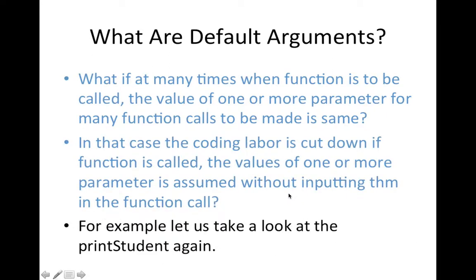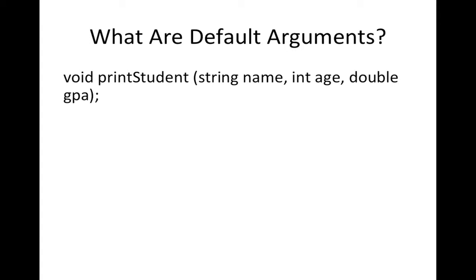For example, let us take a look at the print student again. This is our print student. First parameter is name of the student, second is the age, third is the GPA. And as we said, all the freshmen in the first semester will have 0.0 GPA because they have not taken any classes yet in the beginning.